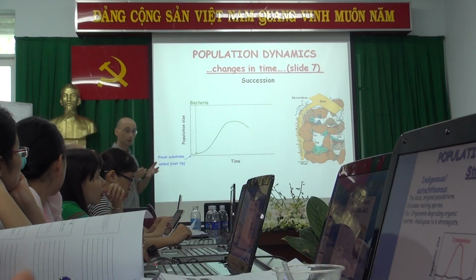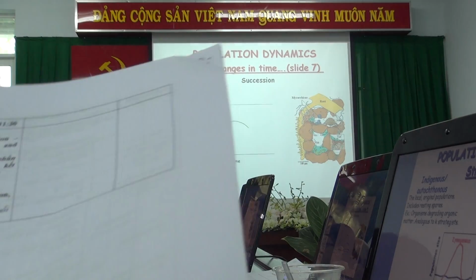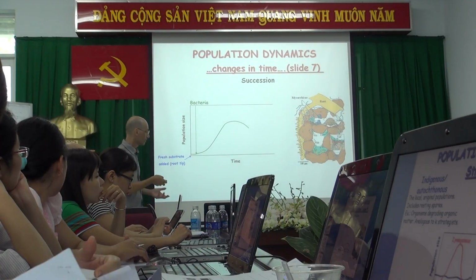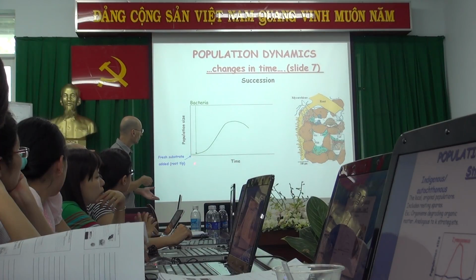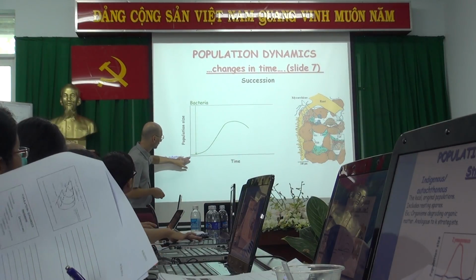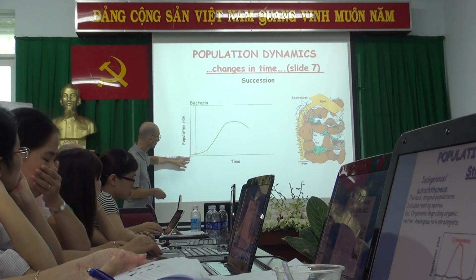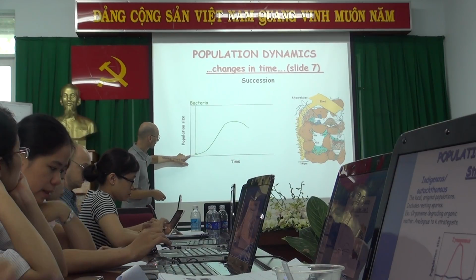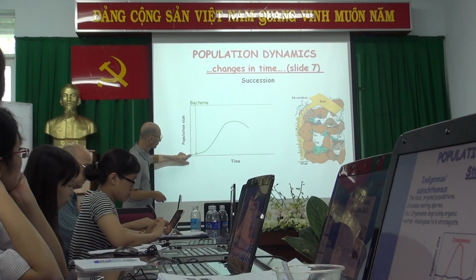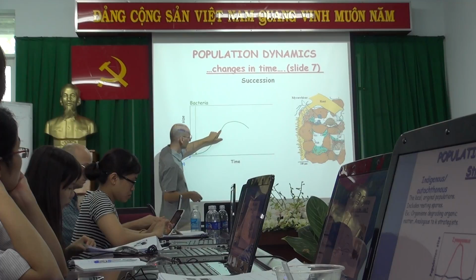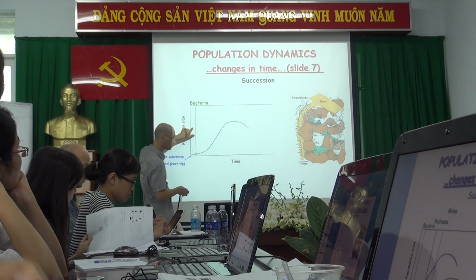But as we mentioned, it has a niche and it's interacting with other organisms. So what can happen? So this is, for instance, the fresh, again, the time and the population size. The fresh substrate, the root tip, is arriving here. The population of bacteria is increasing to a high level.